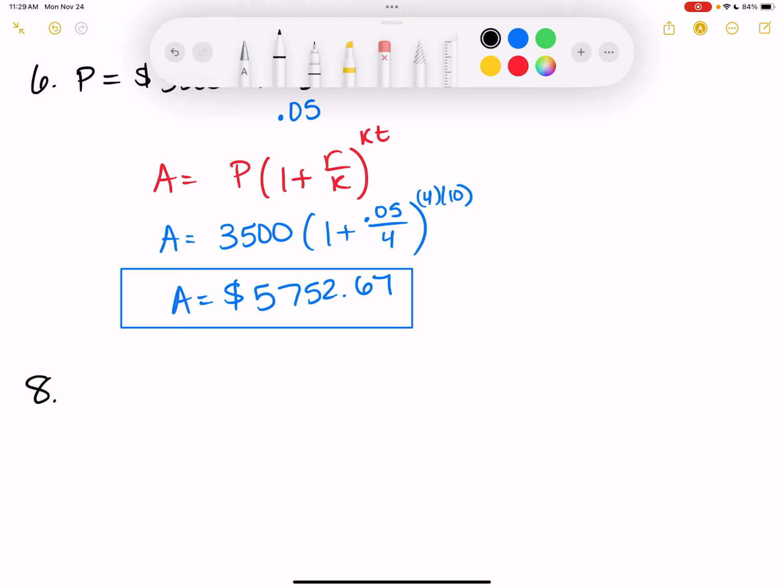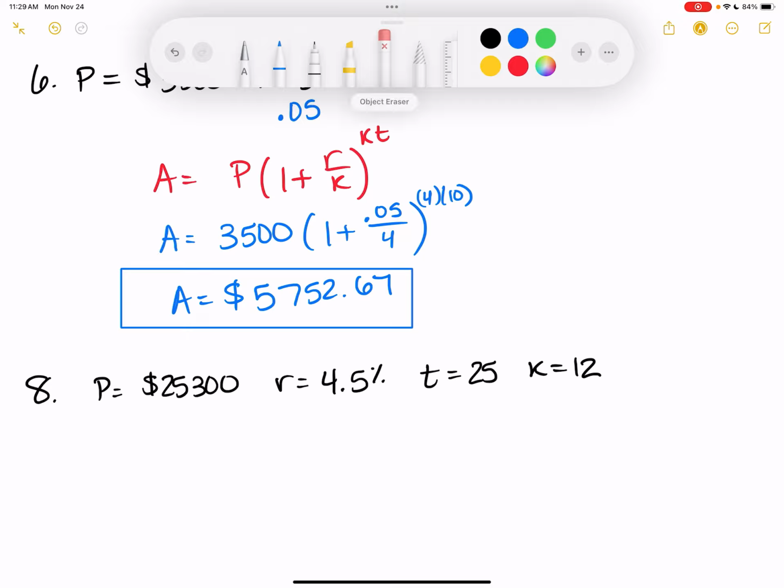P equals $25,300. R equals 4.5%. T equals 25 and K equals 12. So R, move the decimal place, so this is 0.045.